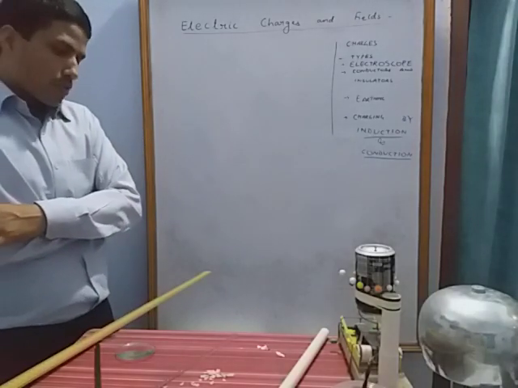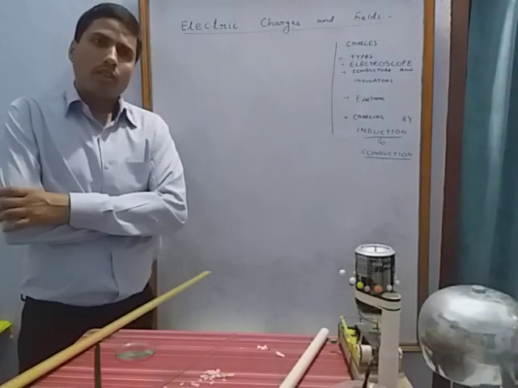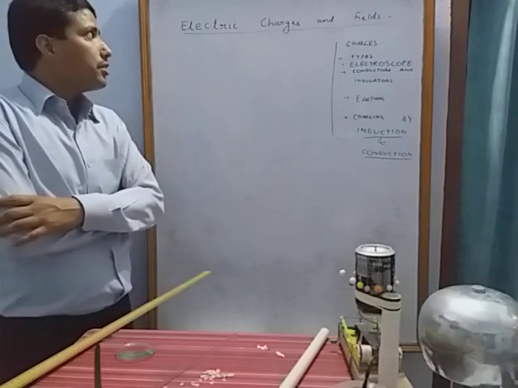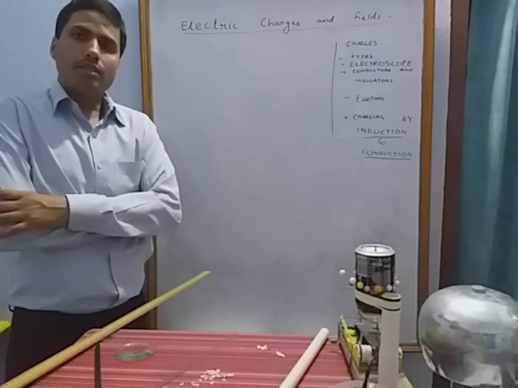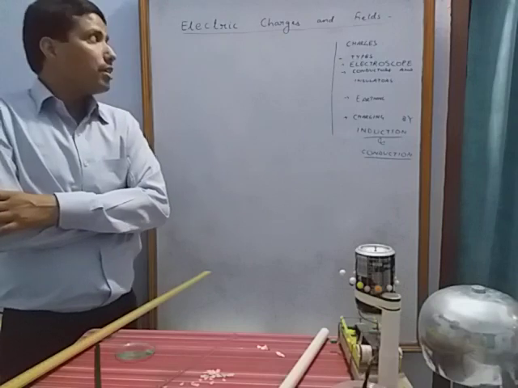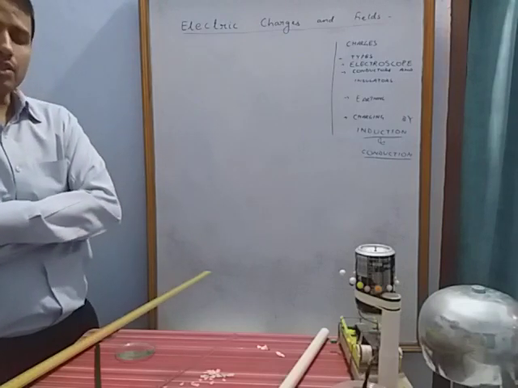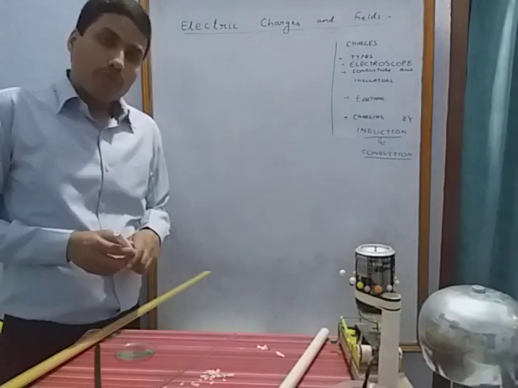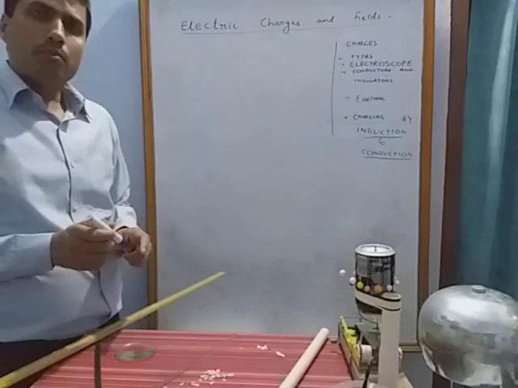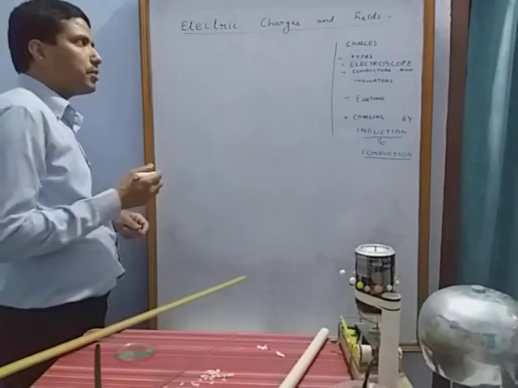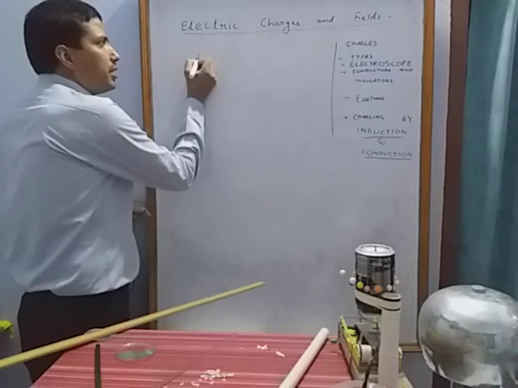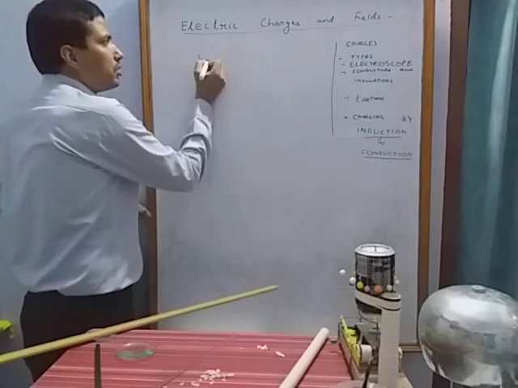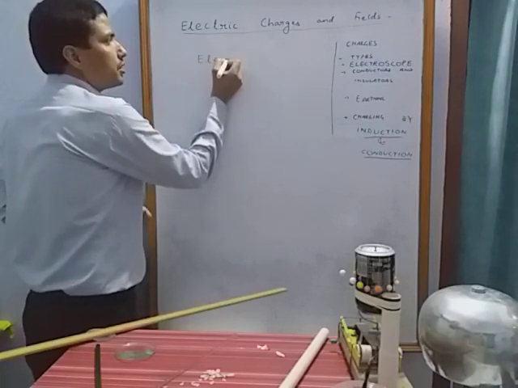So this will be your students' first lesson on electrostatics. The first chapter given in your textbook is electric charges and fields. Though this is a vast topic, in the first two chapters we shall basically be discussing electrostatics.